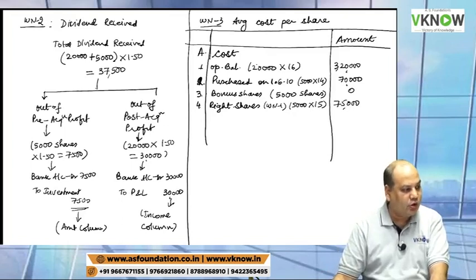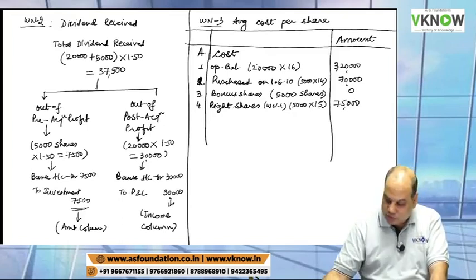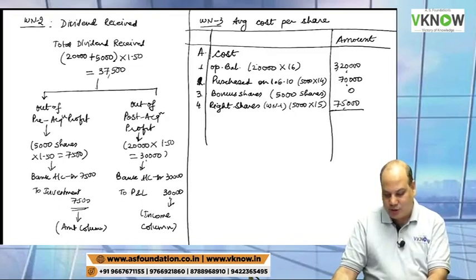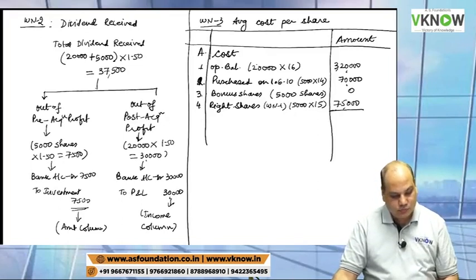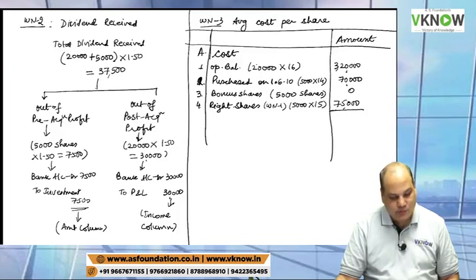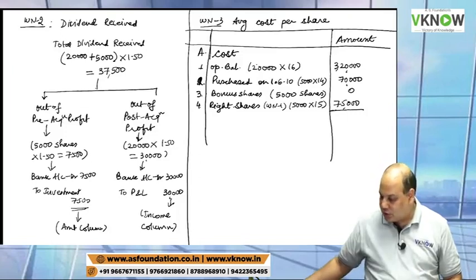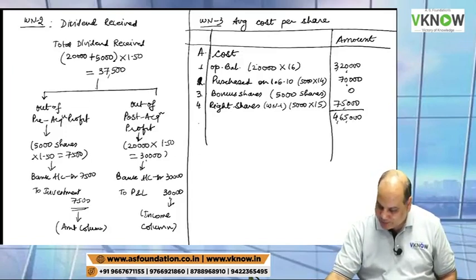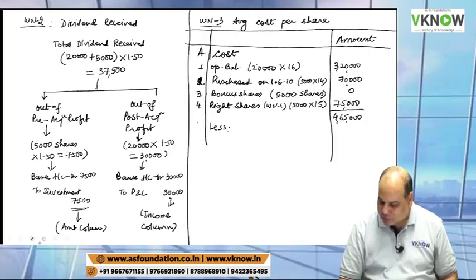So this is all together cost. Kindly give me the total of the cost: 3,20,000 plus 70,000 and 75,000 is 4,65,000.